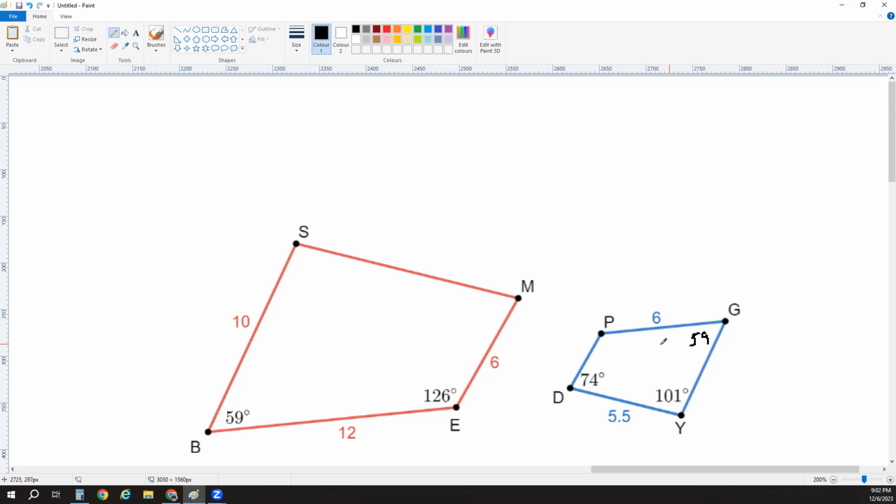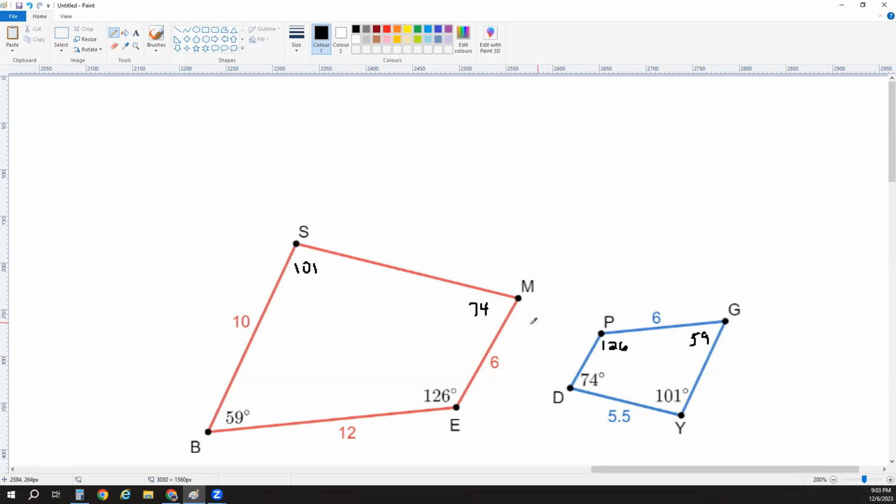This would be our 126, and that's acute and obtuse, so that makes sense. And then that would make this our 101, and that would make this our 74. Okay, now I don't know if that helps us at all, but we'll label it just to be sure.